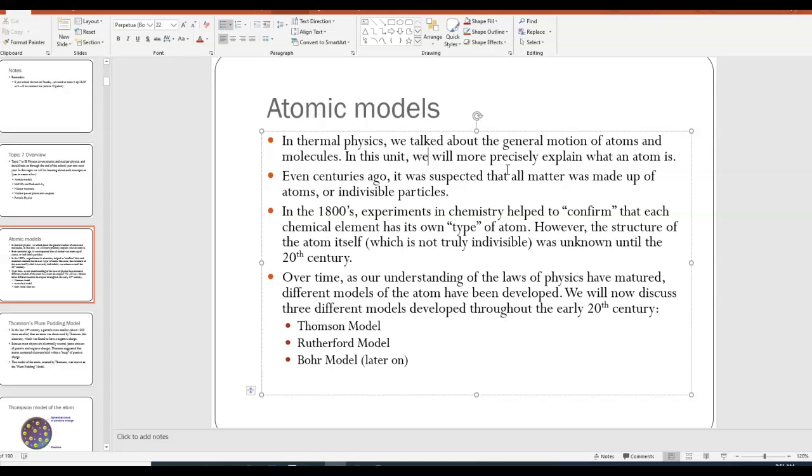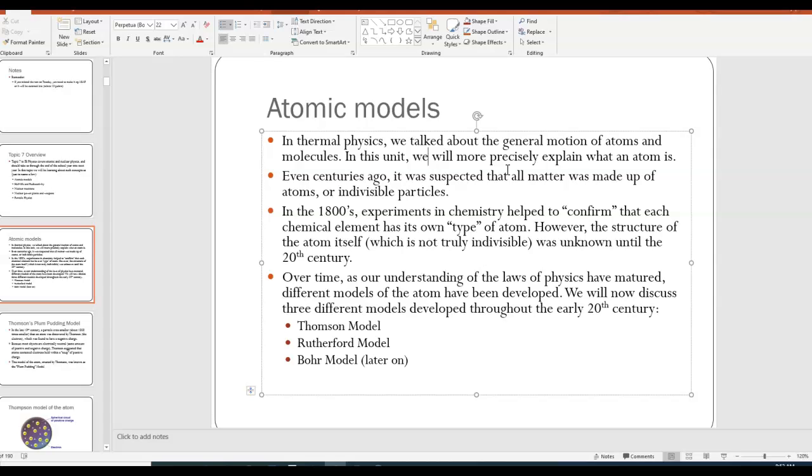You have hydrogen, you have chlorine, helium was discovered later on, and so we knew that there were different types of matter. That is, different types of atoms. What we now know is different types of atoms, but we didn't know about the structure of the atom itself.